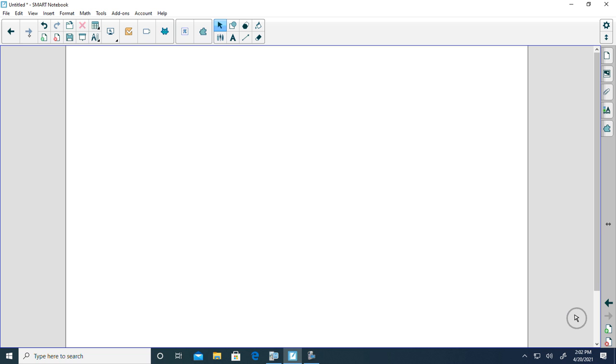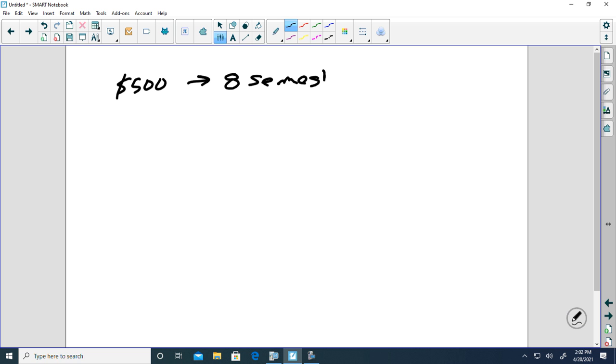If he makes the dean's list in each of the 8 semesters, how much money will the parents have in his account when he graduates? So they're putting $500 for 8 semesters into this account, which basically means they're putting $4,000 of their money into this account. Agreed?